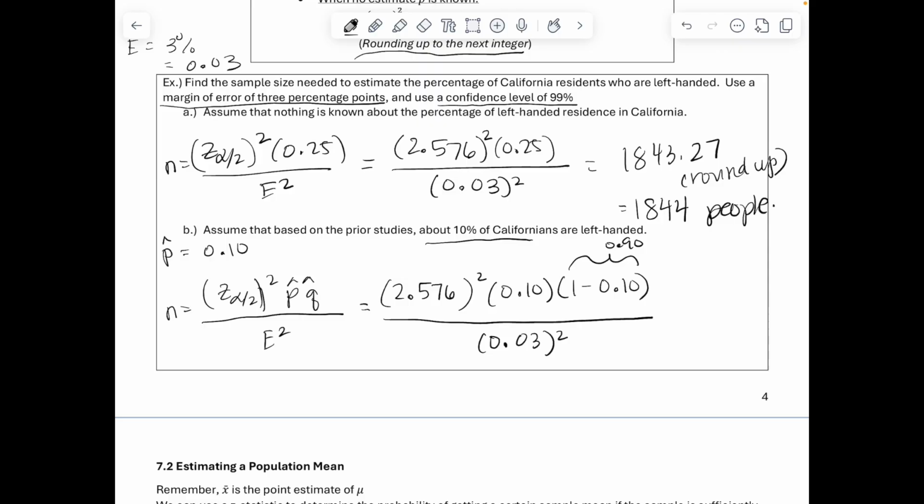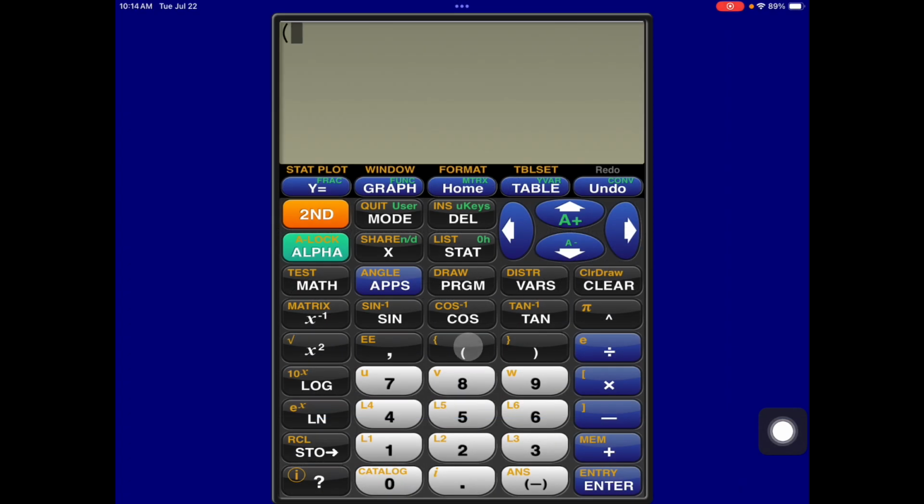So substituting this all in on your calculator. On the graphing calculator, I'm going to simplify the numerator first, which we have 2.576 squared. And we have an x squared button that we can use for that. And then this is times 0.10, and then times, and I'm going to subtract that 1 minus 0.10, and I get 0.90. Enter, and that's my numerator. I am then going to divide this by the denominator, which was e squared.